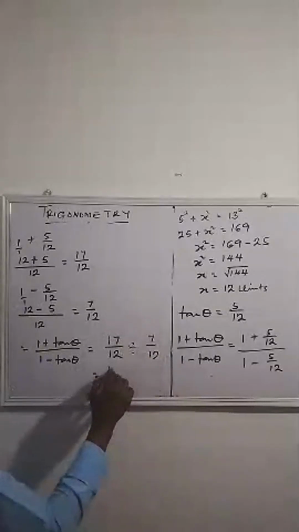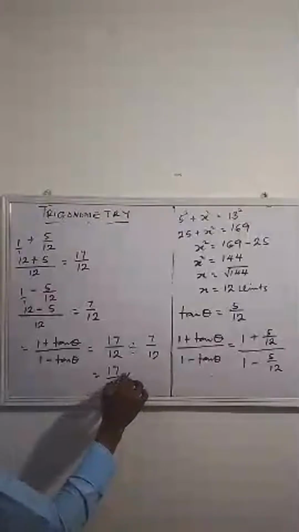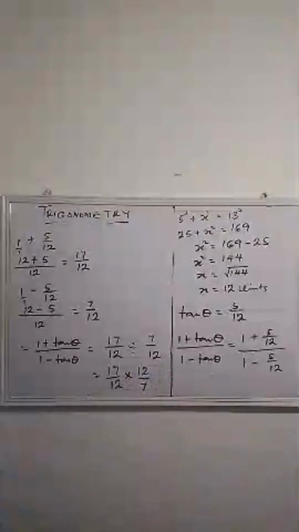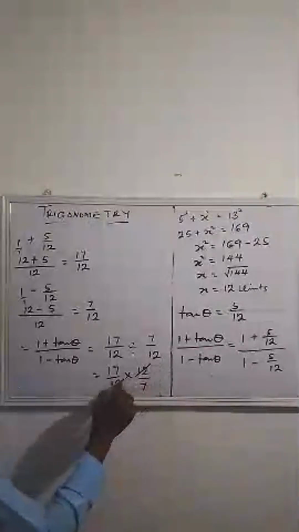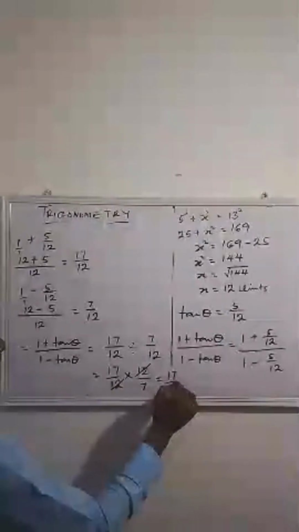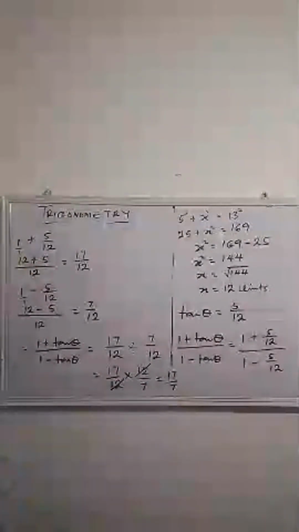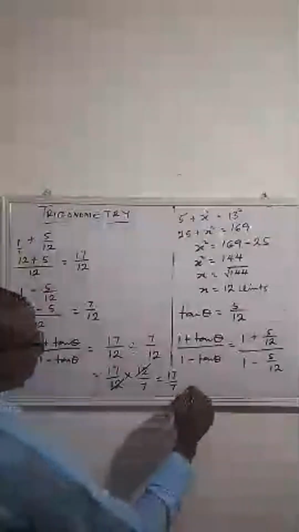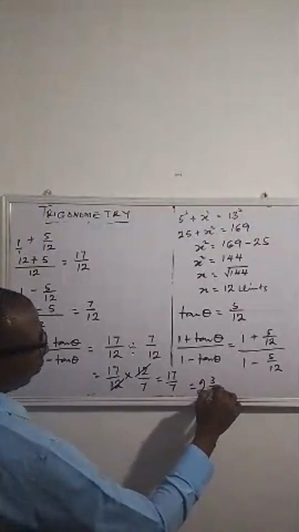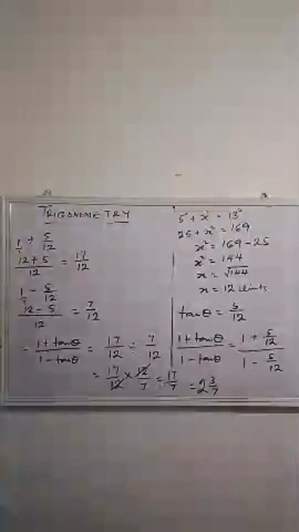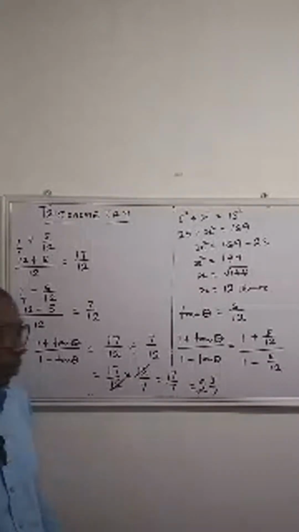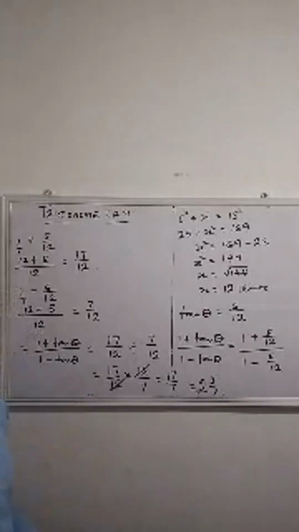So that gives you 17 over 12 times 12 over 7. Okay, so we cancel 12. So you have 17 over 7. Now your final answer will be 2 and 3 over 7, because we have 2 sevens in 17 and you'll be left with 3. Okay, so this is going to be the answer to the problem.